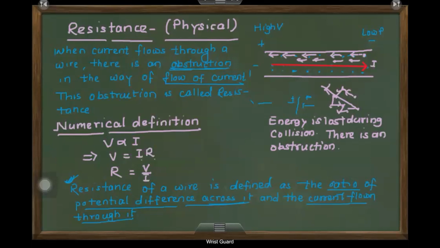There will be a resistance in the tube in case of water, and that will be called hydrostatic or hydrodynamic resistance. So is that clear? Water जब flow होगा किसी tube में तब भी एक resistance आएगा, and that resistance will be known as hydrodynamic resistance.